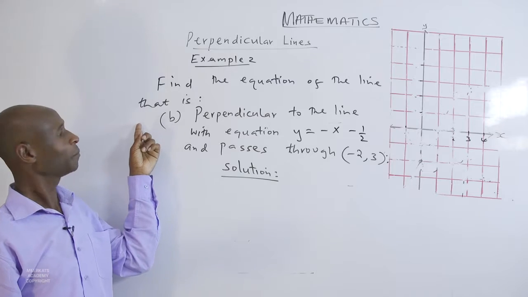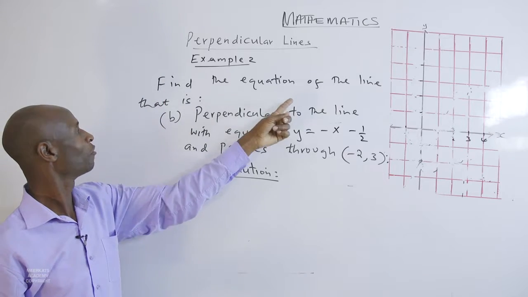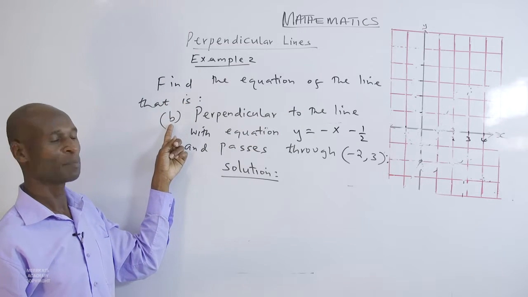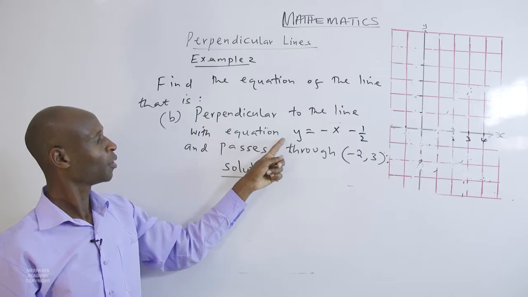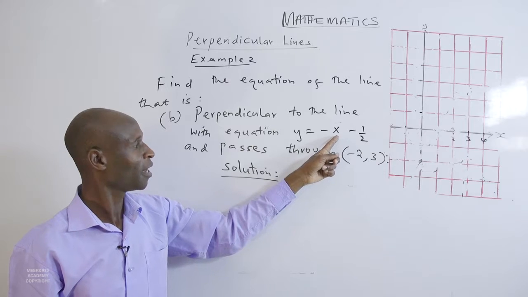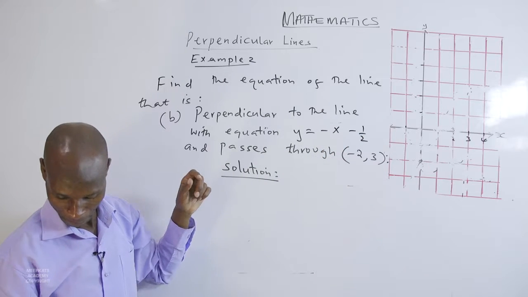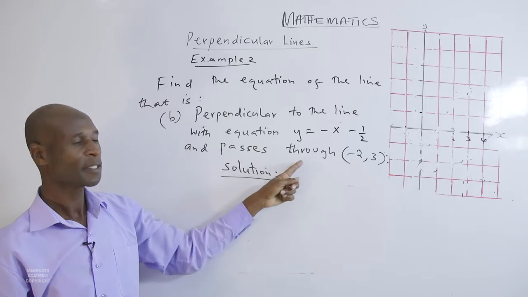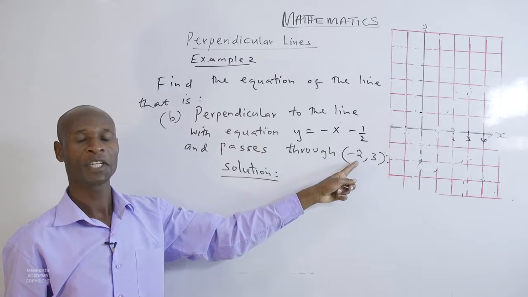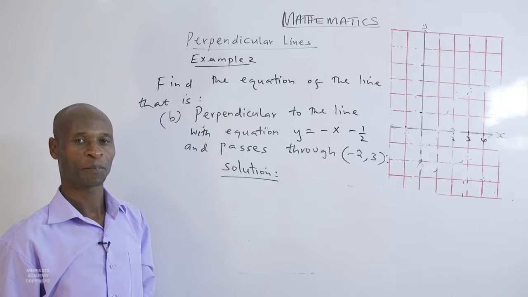Now, in part B, you are required to find the equation of the line that is perpendicular to the line with the equation y is equal to -x minus a half and passes through the point (-2, 3).